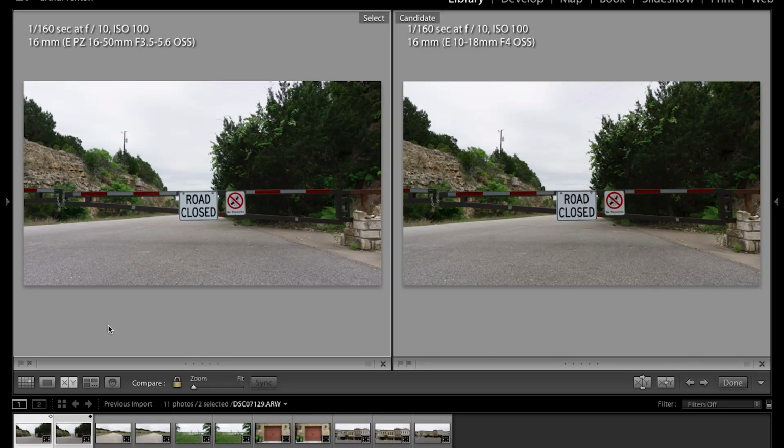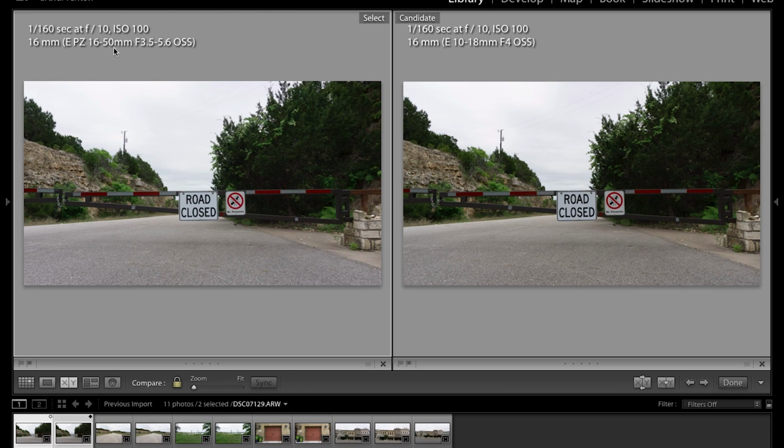So in this video, we are going to compare the kit lens to the 10-18 from Sony at 16mm. Now, this doesn't make a whole lot of sense as a lens-to-lens comparison because if you're buying a wide-angle Sony lens, you are probably not going to be shooting pictures at 16mm anyway. So here we go. This will be a very quick video because I only have a couple of sample shots.